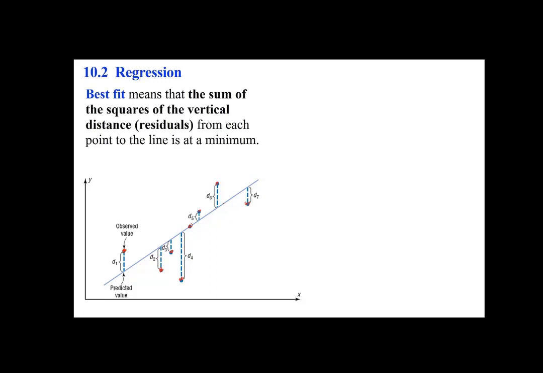For the same x coordinate, we have different y coordinates. Again, I want to make sure we understand what's going on. So if you look at the very first one, you have that observed value. For that observed value, this point in green is on the line. So that is the predicted value of that.